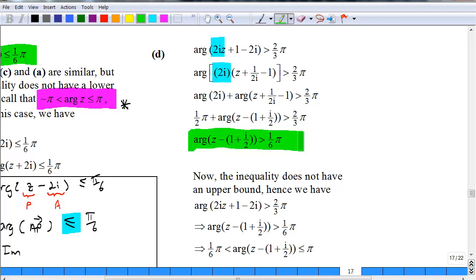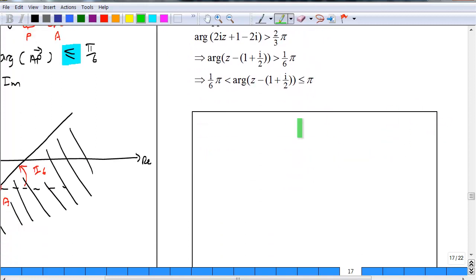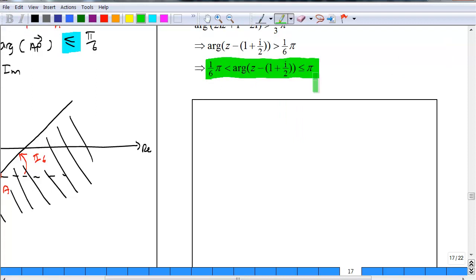So let's see how we can actually denote the area wanted in this inequality. So we have successfully written it in the standard form. So let's mark out the points first.